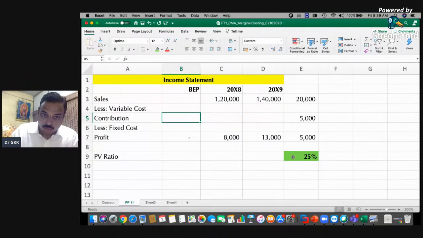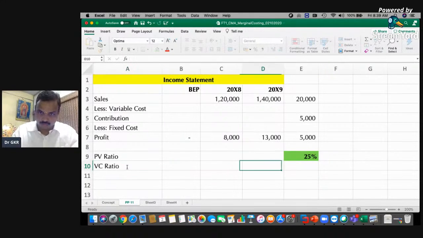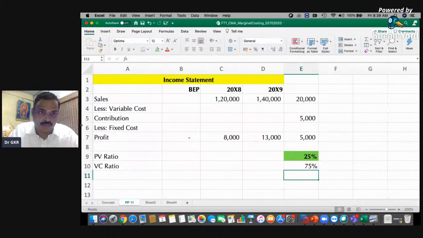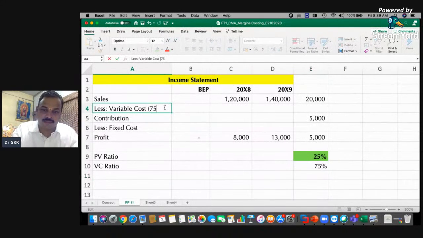So now, once all of you know this PV ratio, just apply. Once you know the PV ratio, you will know the variable cost ratio. What is variable cost ratio? 1 minus 25%. So therefore, your variable cost is 75%. And your contribution is 25%.